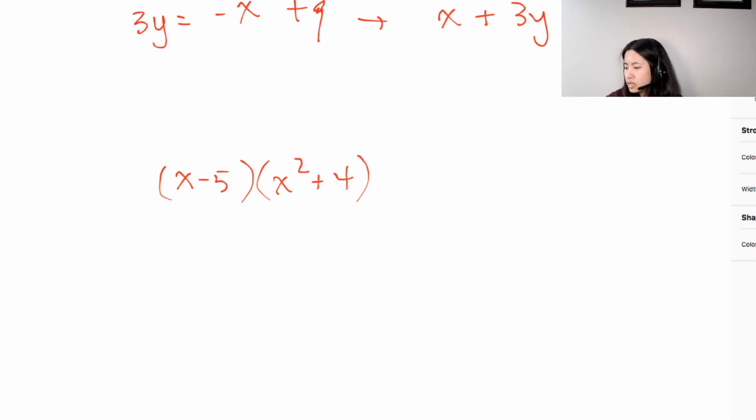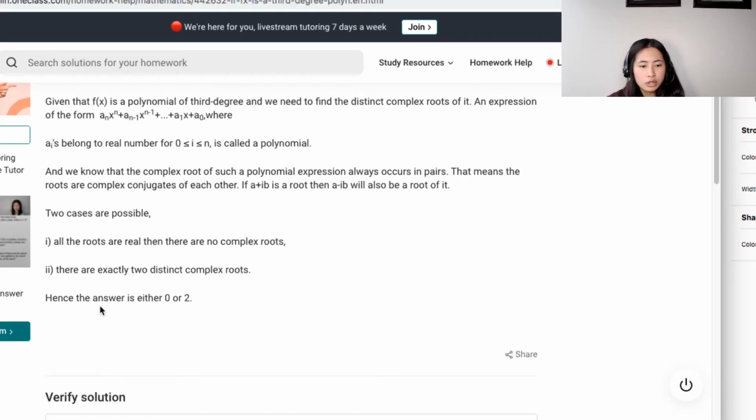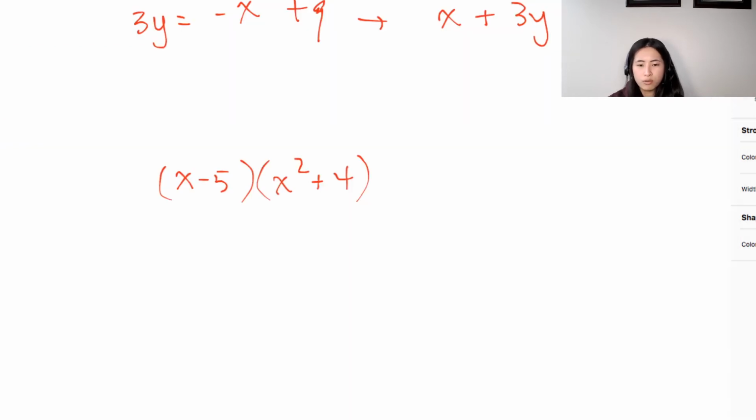As you can see, going back to the question, there are exactly two distinct complex roots. Therefore, this is going to be x minus 5 and x squared plus 4, because this is a root, and this one you can't really further simplify. There's no way you can simplify x squared plus 4 so that there are two real roots.